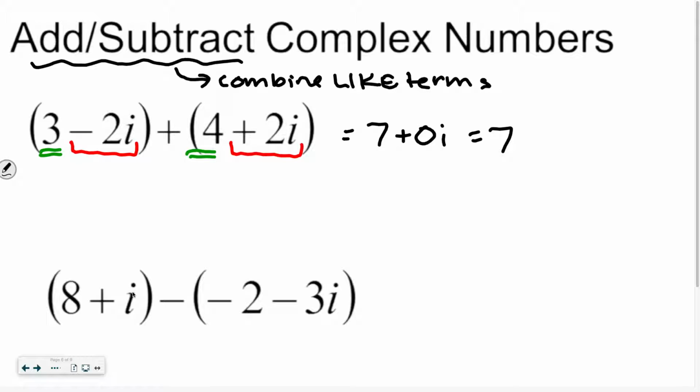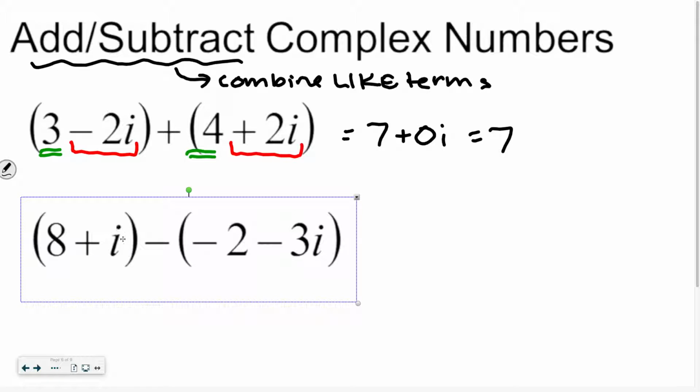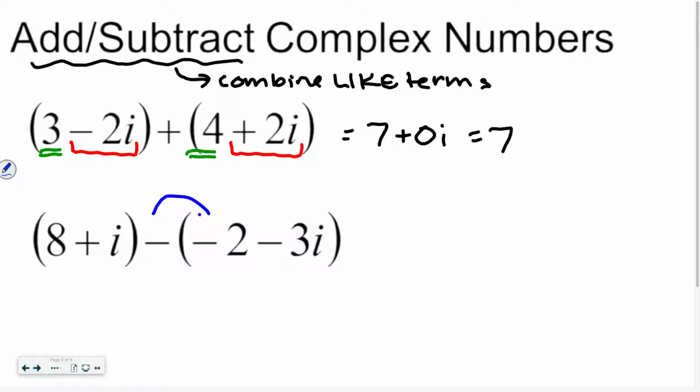Lilith? So first we had a problem because we were like, well, how do we add this up? But then we noticed the negative in front of the negative 2 and the negative 3i. So first you could add together your i's, which would give you 4i, because it would change from a negative 3i to a positive 3i. So you would get 4i, and I think they're hitting on a really great point there, is that you're subtracting the whole complex number, negative 2 minus 3i.